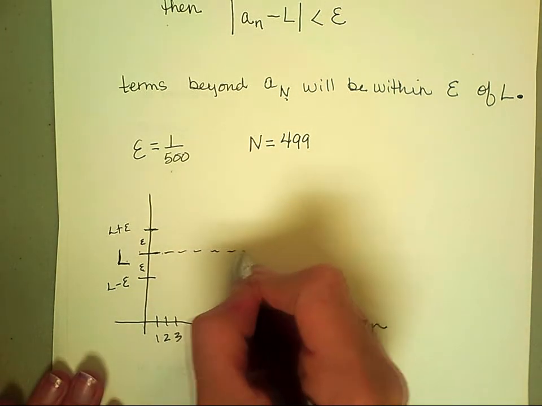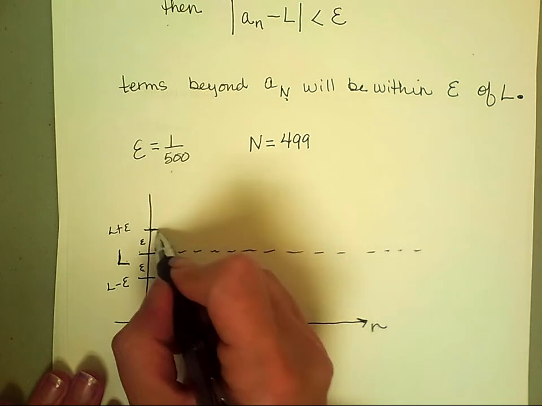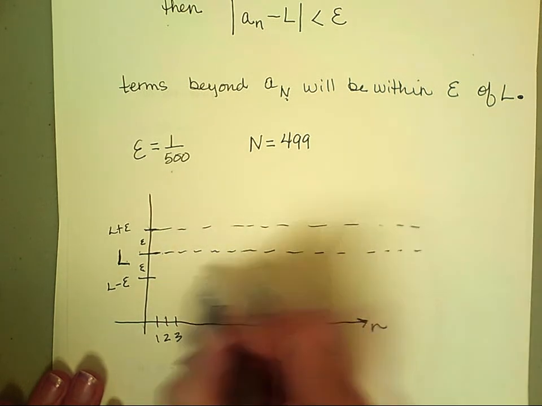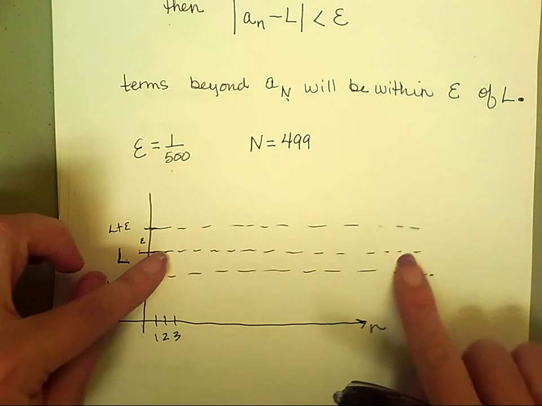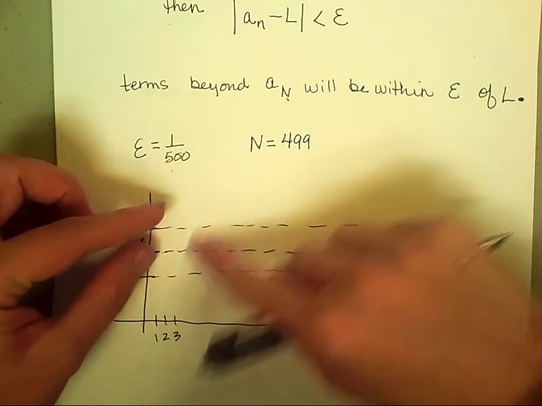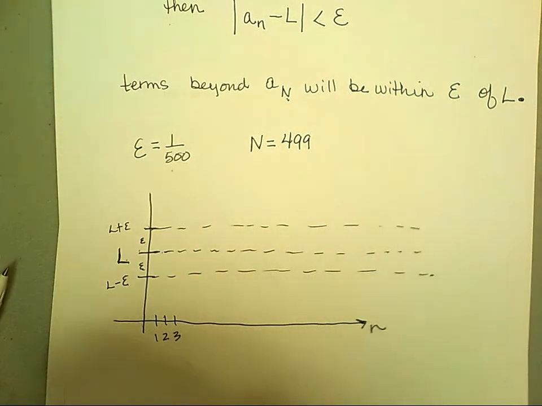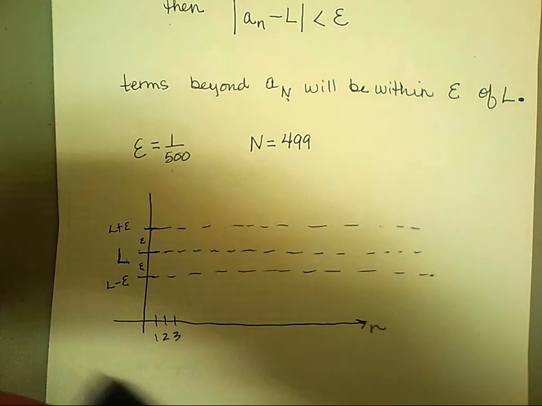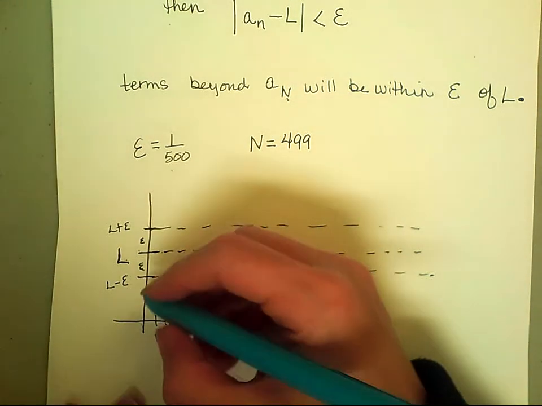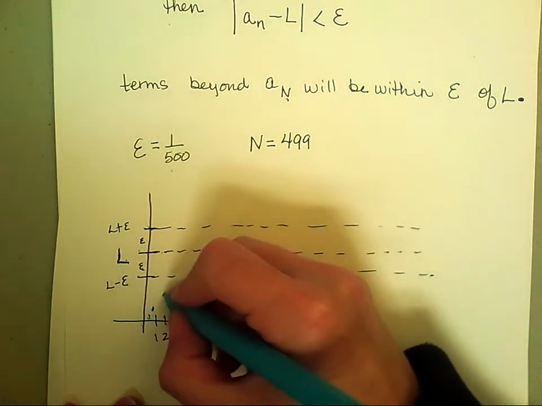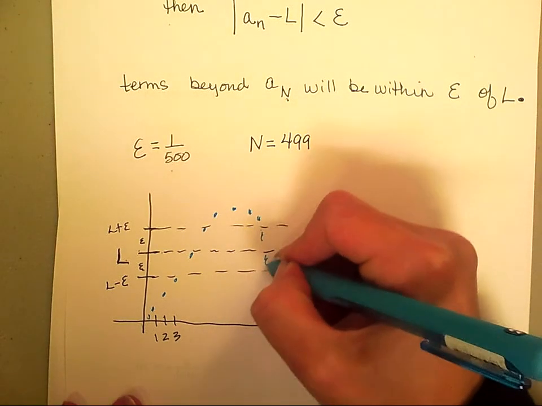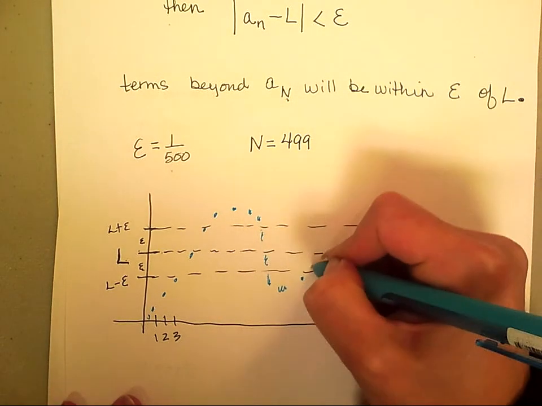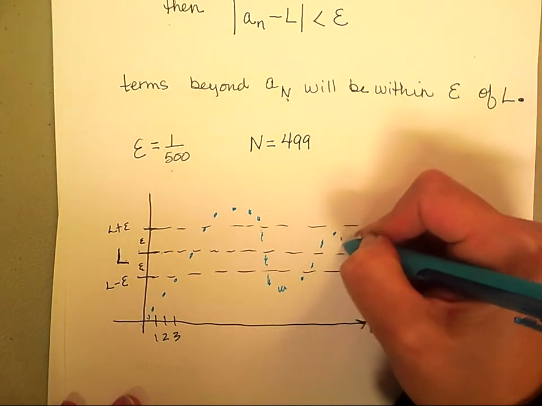Let me extend these out so we can see what's happening. Here's our limit, and we ask where these function values will be within here. Graphically, the sequence is plotted coming up, coming down, coming over, coming up.